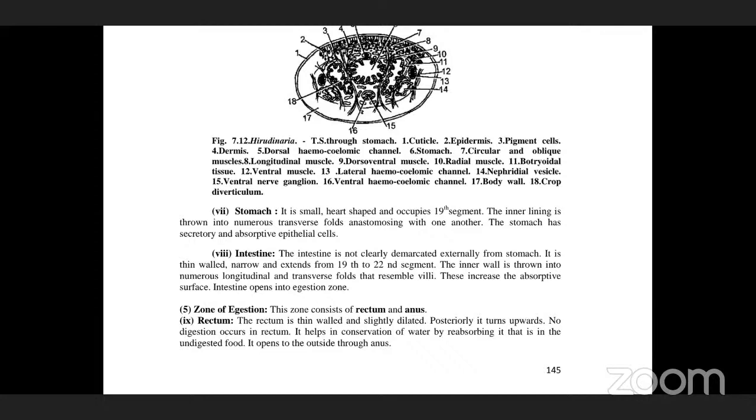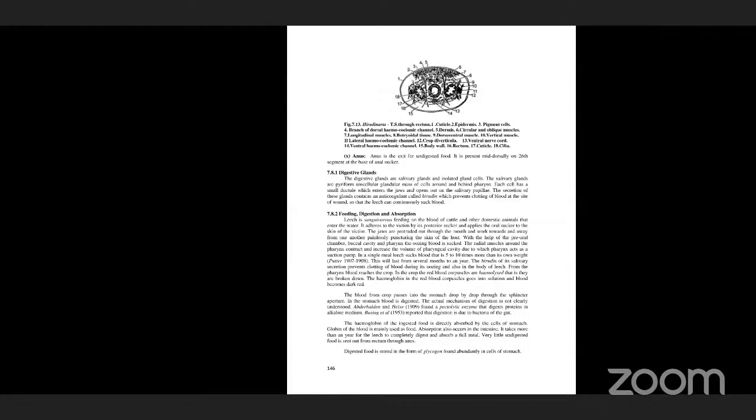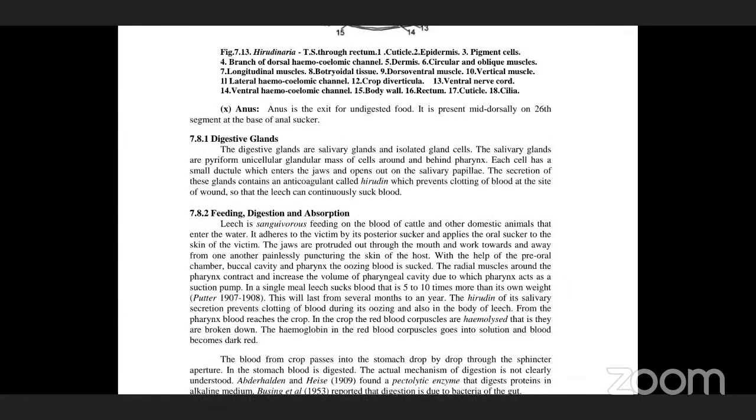It helps in the conservation of water by reabsorption, like in our kidneys, how it happens. So then it opens through the anus. Then anus, it exits the undigested food present. This is present on the 26th segment.